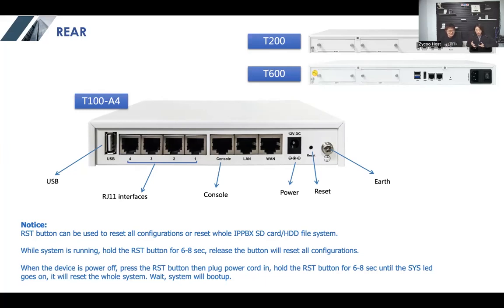While the T200 and the T600 use plug-and-play modules, so you don't need to unscrew the PBX box. All you need to do is unscrew the little screw on the modules outside of the PBX and then plug in the module that you have.